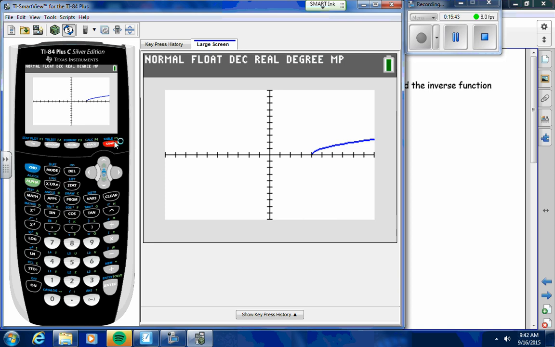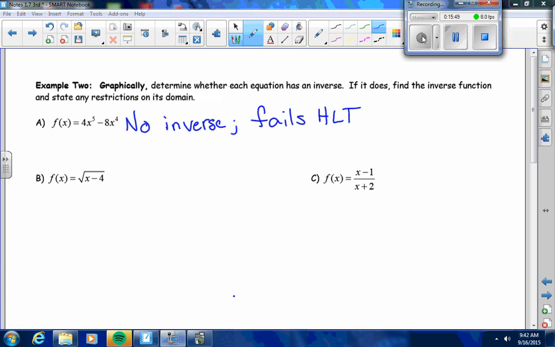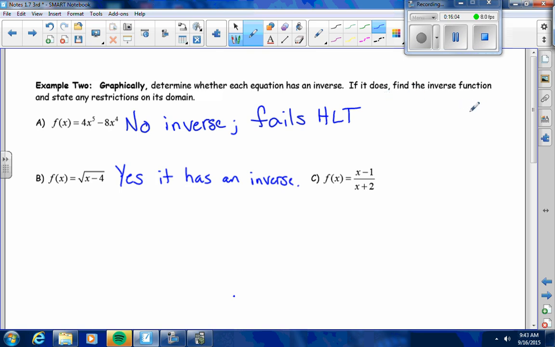Passes the vertical line test? Passes the horizontal line test? Yes. Okay, so yes, it has an inverse. So now that it does have an inverse, we have to find the inverse function. And we have to state any restrictions on its domain.